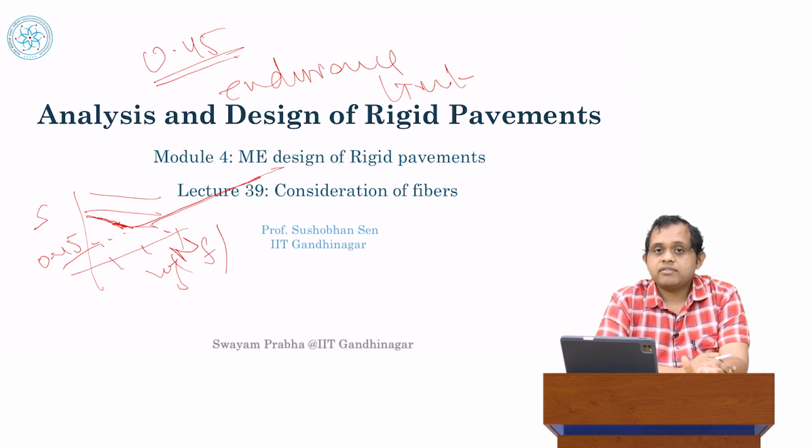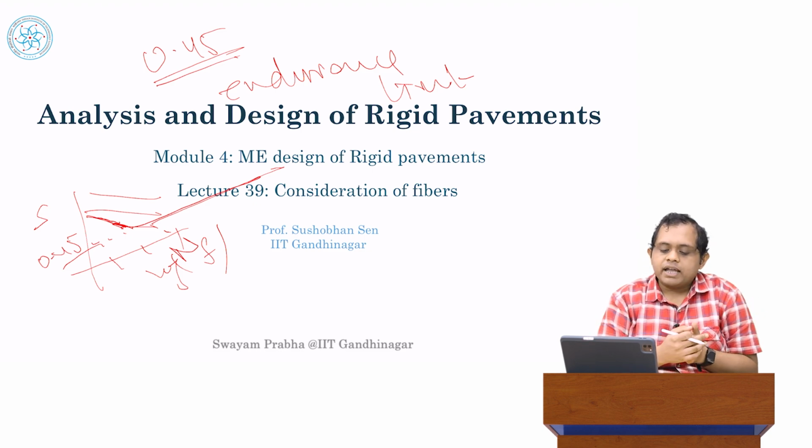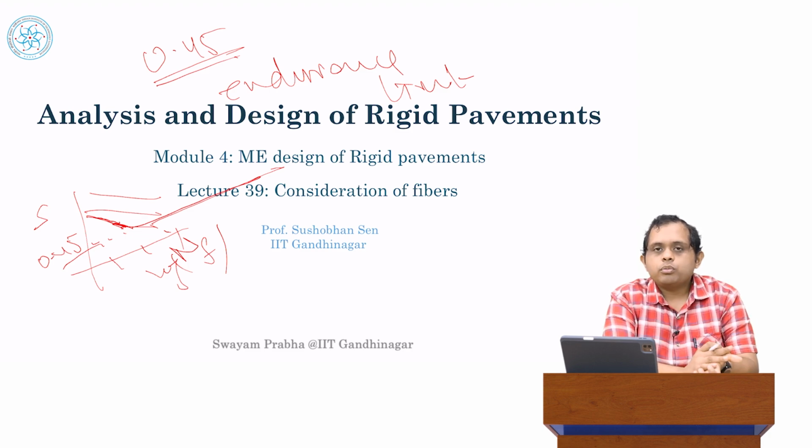You're saying something very big about the performance of the material or the structure. So in my personal opinion, it's better not to use an endurance limit, because we cannot guarantee durability of the pavement long enough to satisfy this assumption. Anyway, my opinion aside, I just wanted to point out and recall that there is such a thing as an endurance limit as per IRC 58.